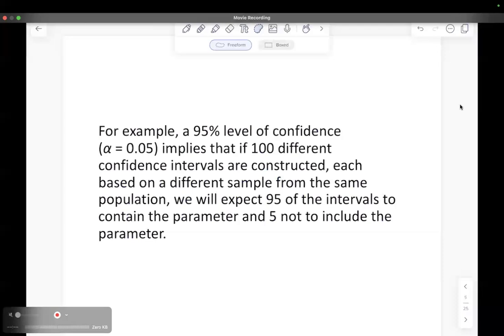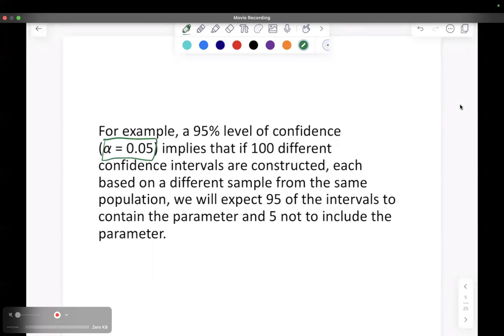Okay. So here's an example of the level of confidence. If I say, for example, I have a 95% level of confidence, then my alpha is 0.05. We're going to be using alpha a lot. As I just said, what this implies is that if I have 100 different confidence intervals, 95 of them would be expected to contain the population proportion.